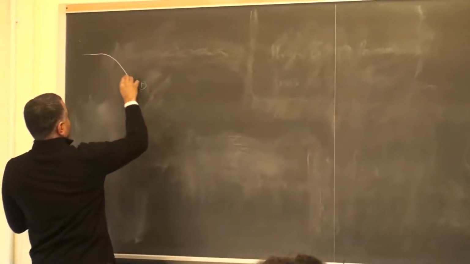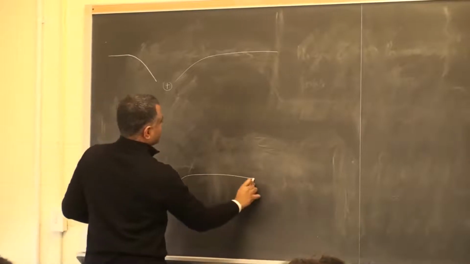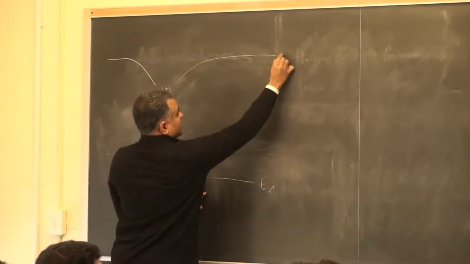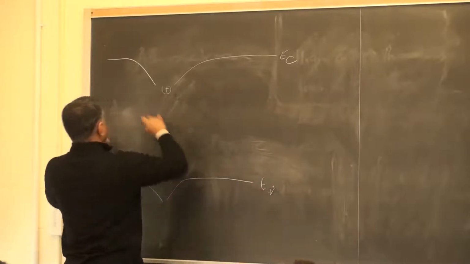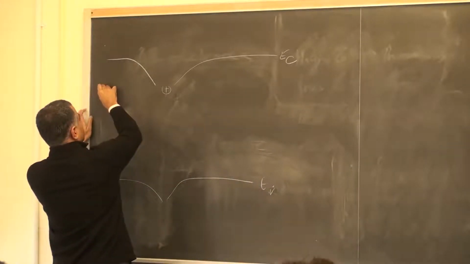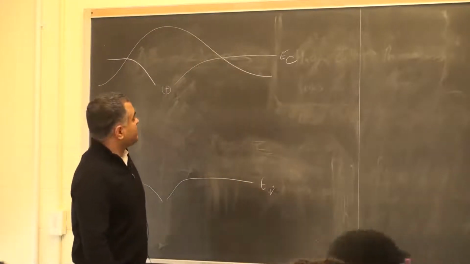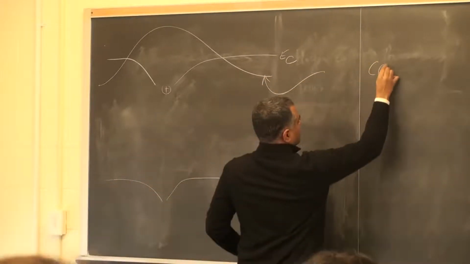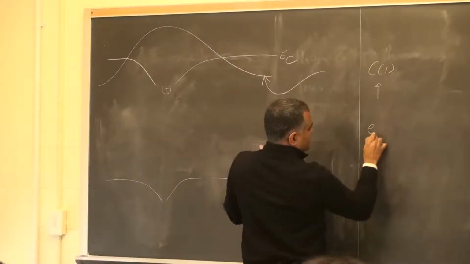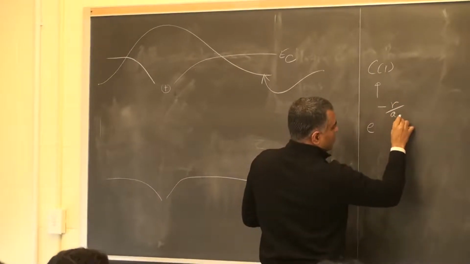And if I look at the donor atom, the conduction band around it, this is greatly exaggerated, will look something like that: valence band, conduction band, and the electron, the envelope function is going to look something like this. Right? So that would be your envelope function C of R, which for the hydrogen atom, if we look at the ground state, goes as e to the minus R over the Bohr radius.